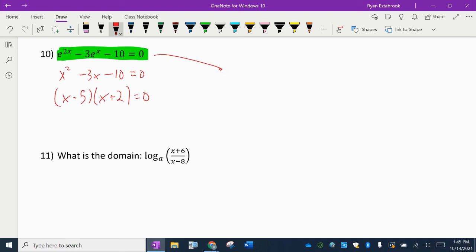Okay, so keeping that in mind, how do you think you're going to factor that green one? And I'll tell you, it will actually factor. How do you think that green one's actually going to factor?